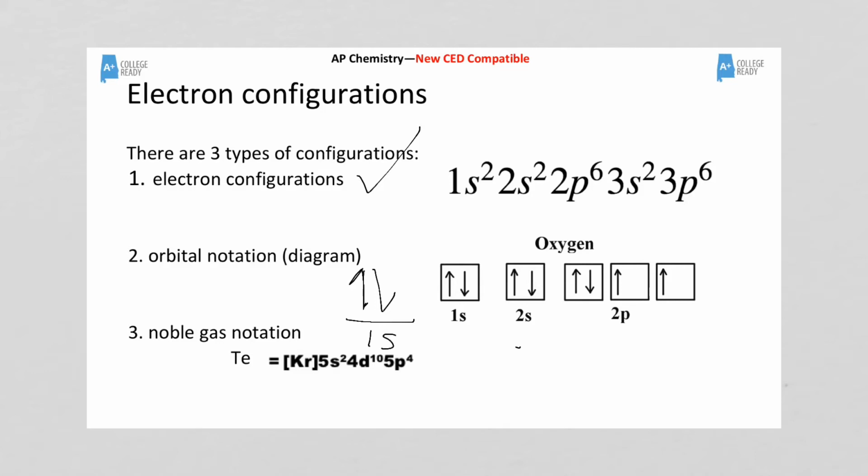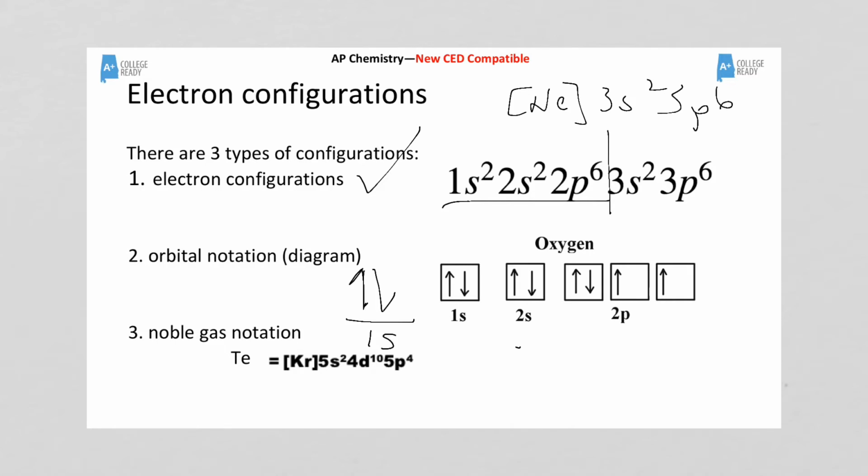And then the last one that is nice to know, and you might be asked to write, is noble gas notation, which is just the shortened form of electron configuration. It's when you find an element on the periodic table, look at what noble gas comes before it. Like here, we know that is neon, and so we know that past that, the electron configuration, if we shorten this, would be neon, 3s2, 3p6.